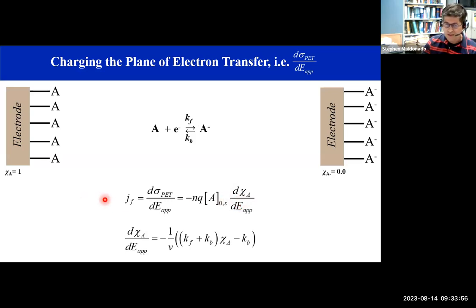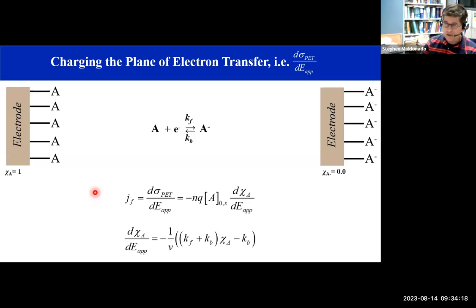So this top way of writing it is how I might write it purely from an electrostatic description. The bottom expression is how, from a chemical perspective, I would write it in terms of a reaction, ultimately dictated by the forward and back reactions.